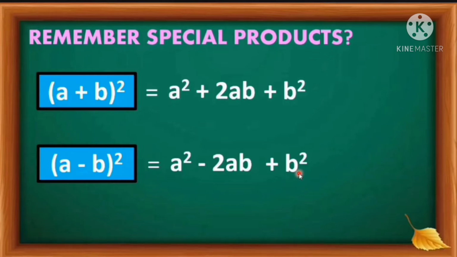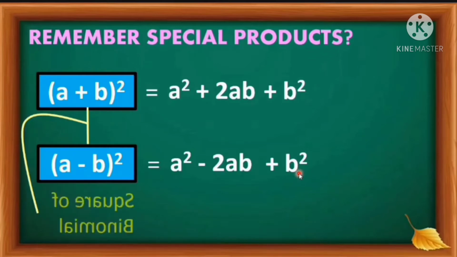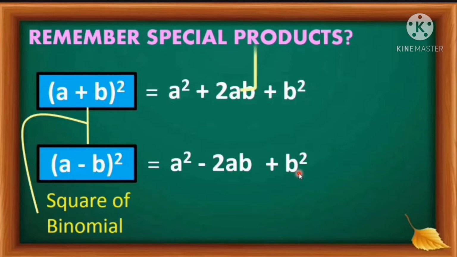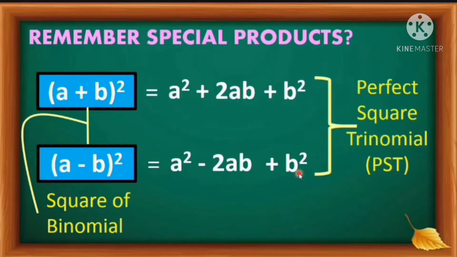In special products, ang tawag natin sa dalawang to are square of binomials. And their products are called perfect square trinomials. These square of binomials are the factored form, and this part here are the perfect square trinomials.